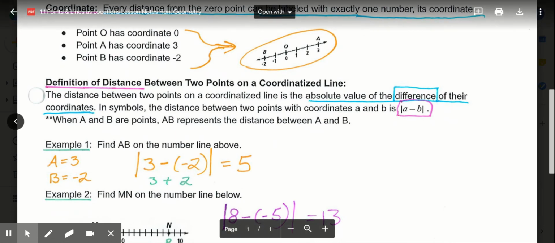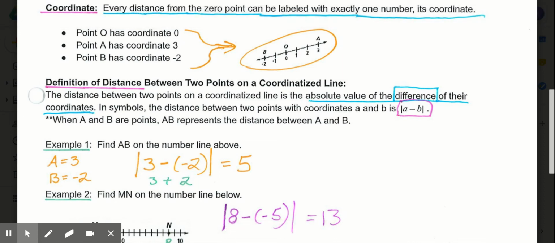A is at 3, B is at -2, so 3 minus -2. Subtracting a negative is the same thing as addition, so that is 3 plus 2, which is 5. The absolute value of 5 is also 5, so we're good to go. That distance would be 5.